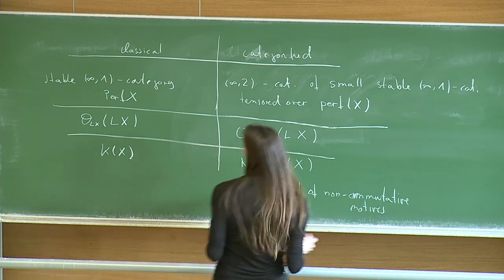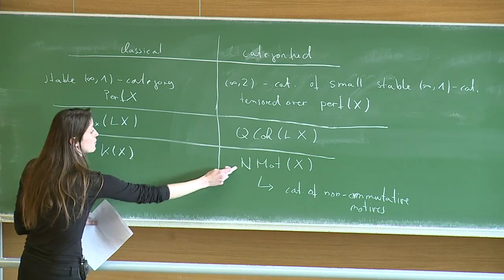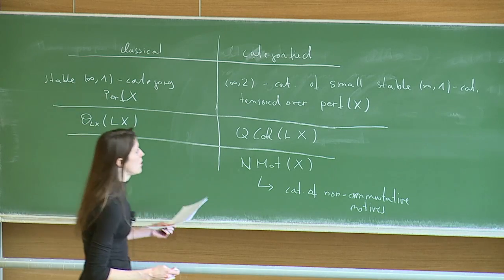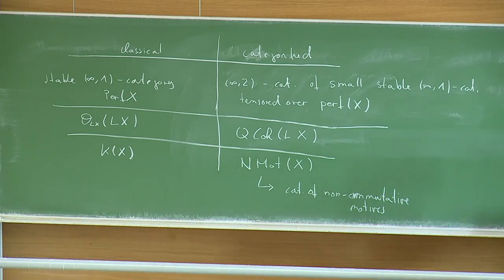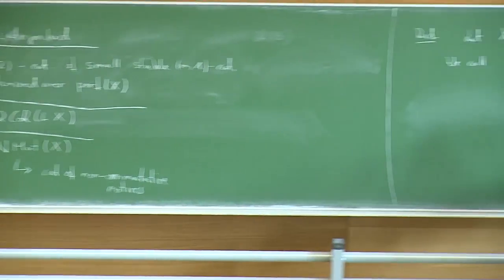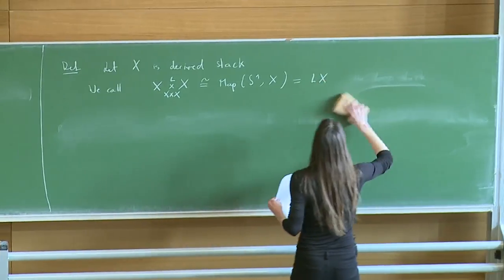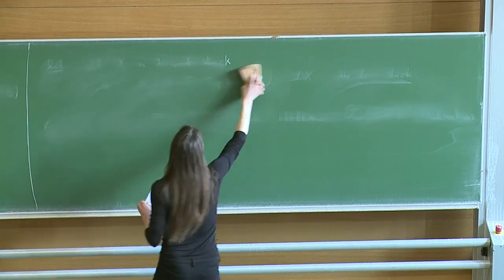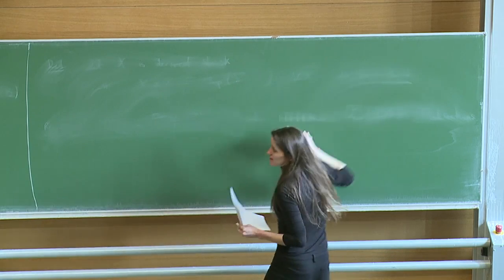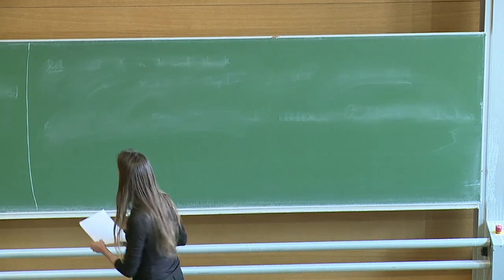And I will explain in which way this can really be thought of as a categorification of K theory. So I can first state the main theorem and then go on explaining the various constructions that appear here.